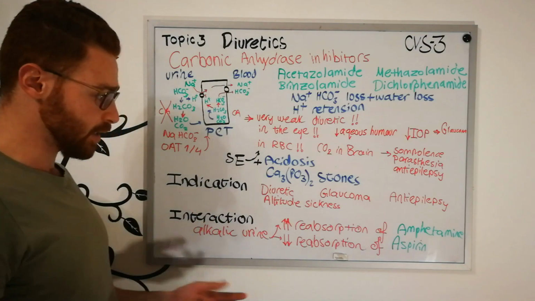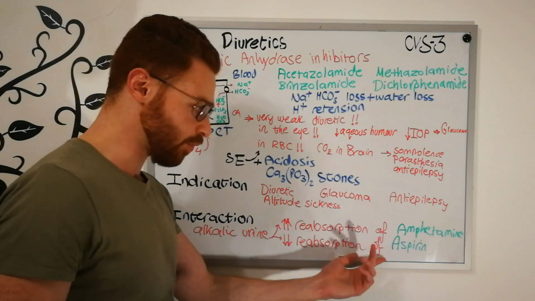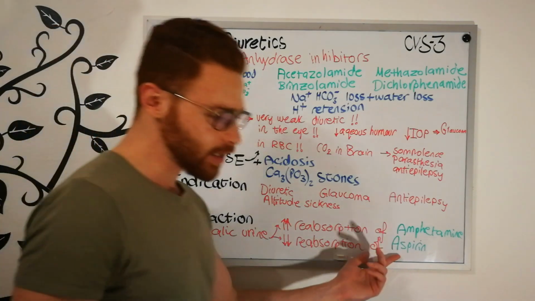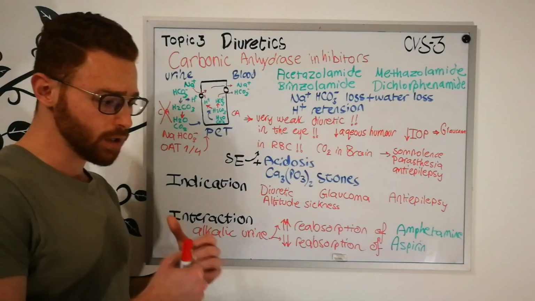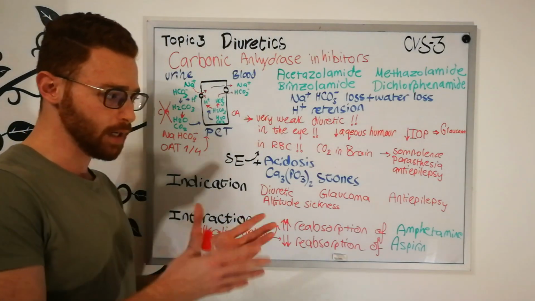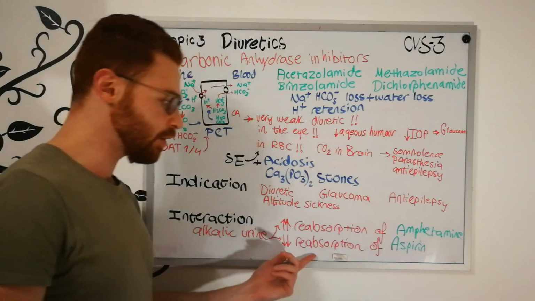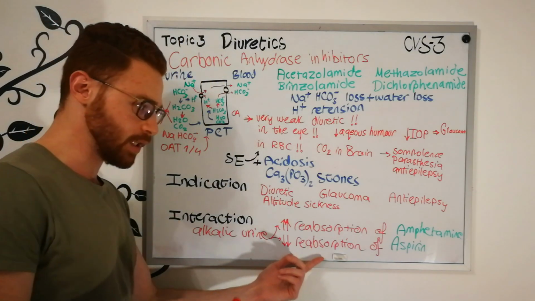On the other hand, if another drug was administered and the urine is alkaline, and the drug is acidic, the drug is going to be ionized because the pH of the environment is the opposite. And if it is ionized, this means that the reabsorption in the nephron is going to be decreased.